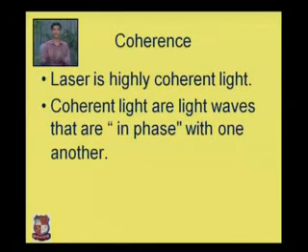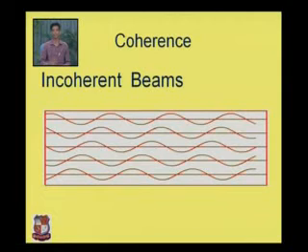If they have haphazard or random patterns, such light is known as incoherent. Your bulb or tube lights give incoherent light because the wave patterns are indefinite. So this is an incoherent beam.